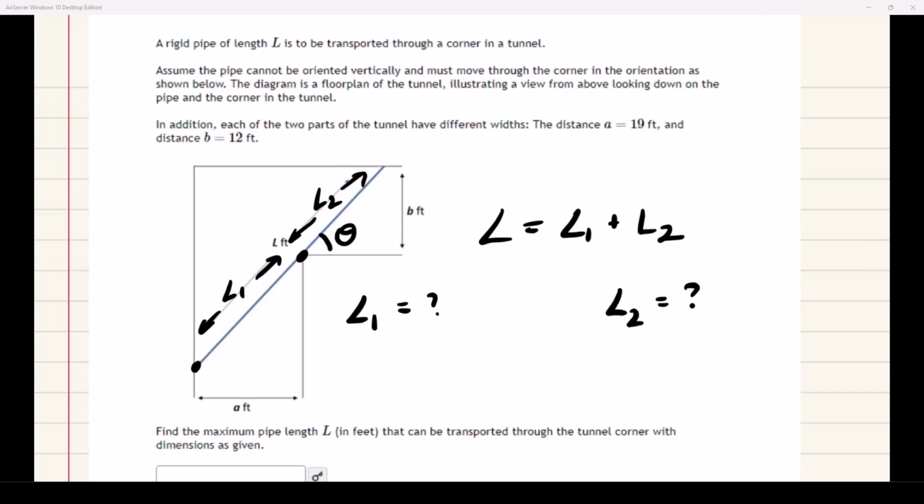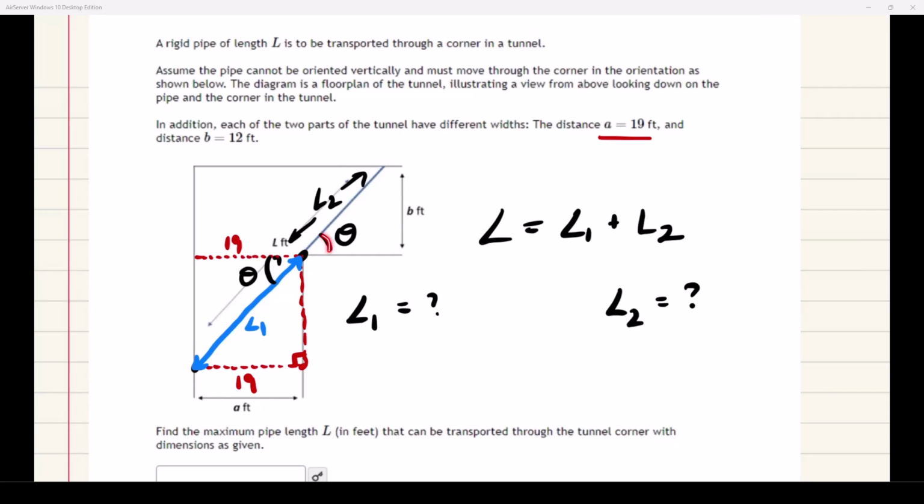And we'll use some trigonometry to do that. So let's recognize that they're giving me the distance A equal to 19. So across here, I have a distance of 19, and therefore I can identify a right triangle and also recognize that this distance here is 19, and the angle that I have here is theta.